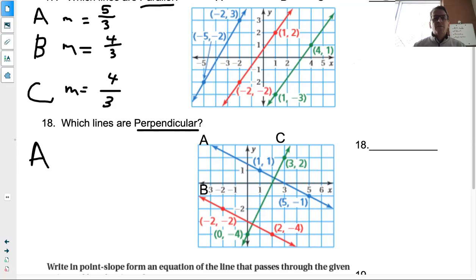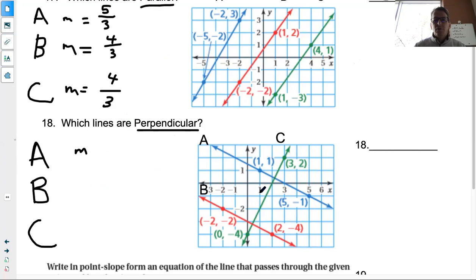So what you're going to be looking for is opposite reciprocals of each other. When you're given this question, you're going to first want to identify each and every slope of line A, B, and C. So the slope of A, as you can see, is -1/2.